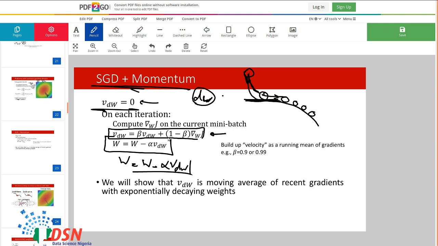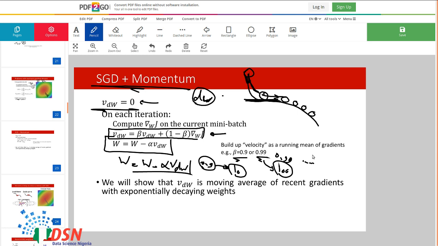Okay, and typically beta is 0.9 or 0.99. In fact, when you choose 0.9, it means that you are taking the average of the last 10 samples. When you have 0.99, it means that you are considering the gradients in the last 100 steps, and so on.